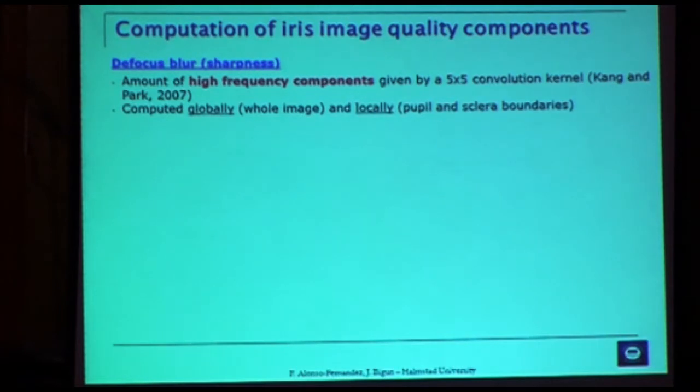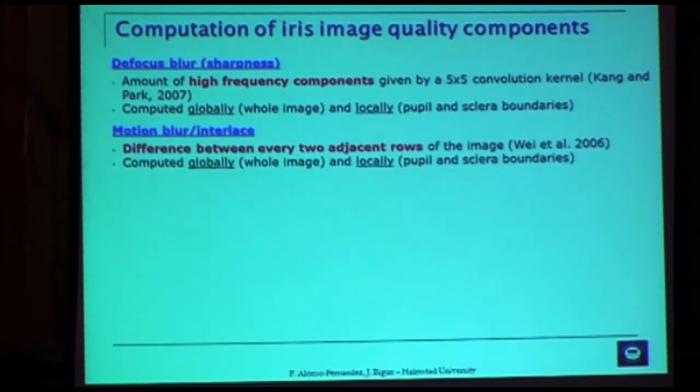This quality component is computed both globally in the whole image and locally around the pupil and sclera boundaries only. The motion blur interlace is computed by measuring the difference between two adjacent rows of the image, based on a study proposed in 2006. This is also computed globally and locally around the pupil and sclera boundaries only.